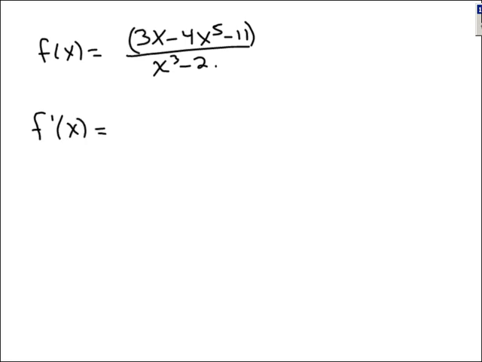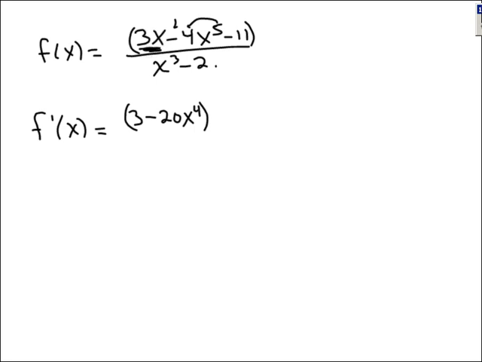The quotient rule says take the derivative of the top. The derivative of a constant times x is just a constant. Minus. 5 times 4 is 20. Make a new power of x 1 less than 5, which is 4. Take away the derivative of 11, which is 0.